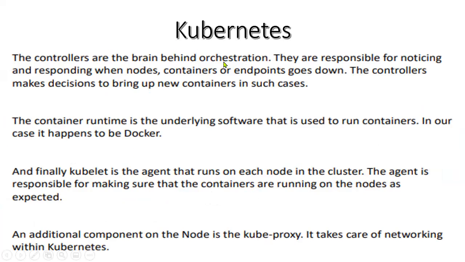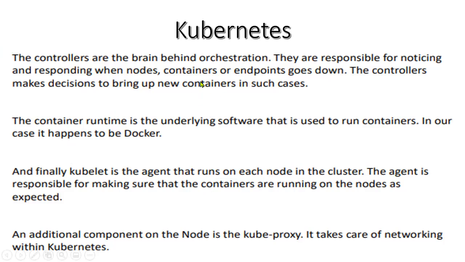The controllers are the brain behind orchestration. So what are controllers? I'll show that to you. They are responsible for noticing and responding when nodes, containers or endpoints go down. That means controllers will know. Suppose in a replica set one of the pods is down, then the controller will know it and immediately tell the scheduler to start a new container in that particular replica set.